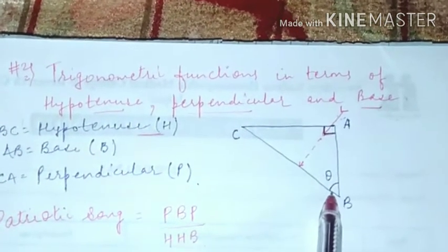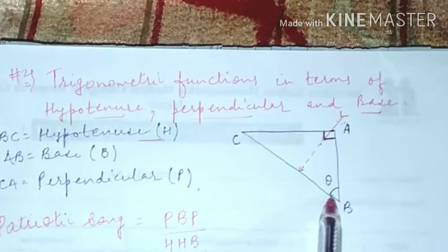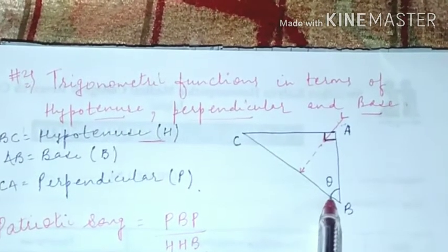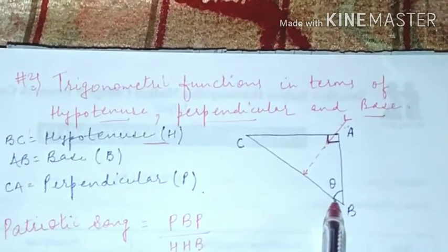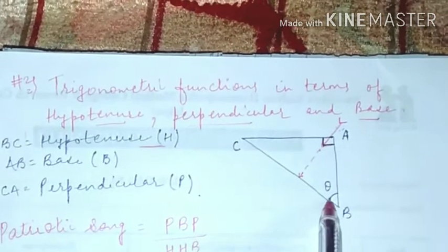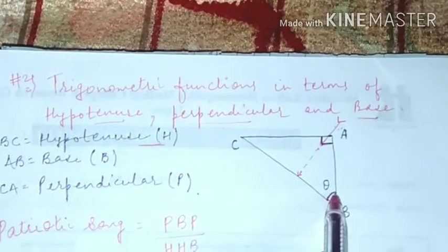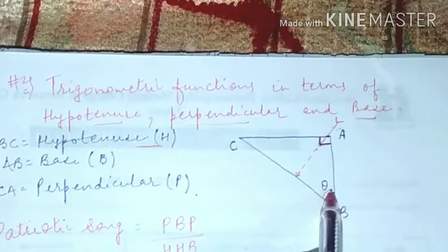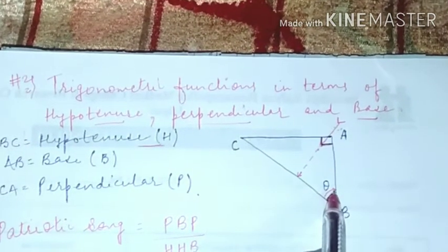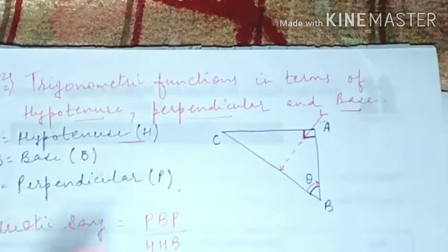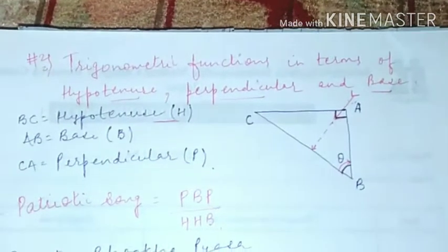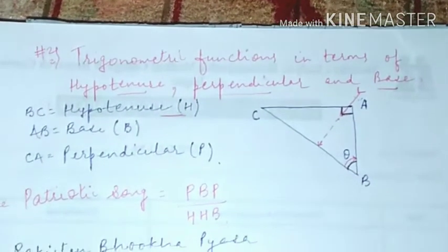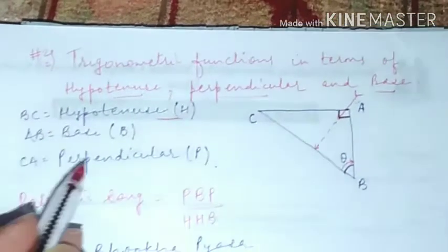So try to make this arc from the hypotenuse in this way. Now you will go towards a side that is AB, and that AB is nothing but the base.